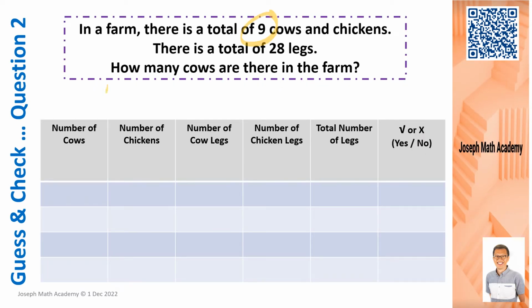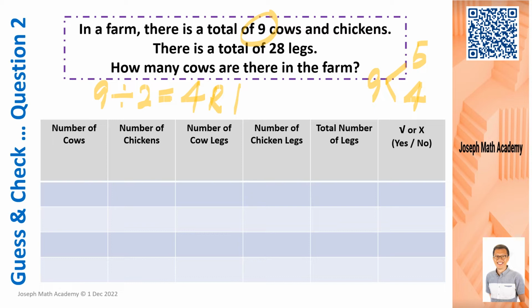We take 9, and to do our first guess we must have half the number of cows and half the number of chickens. But 9 divided by 2 is never half. It's not possible because 9 is an odd number. So we know that 9 divided by 2 is actually 4 remainder 1, meaning 9 is made up of 4 and 5. 4 and 5 make 9.